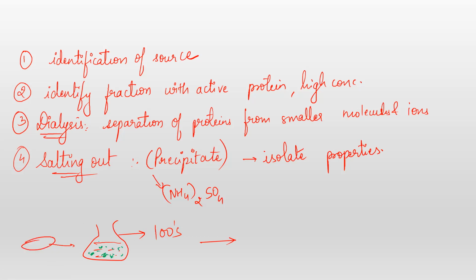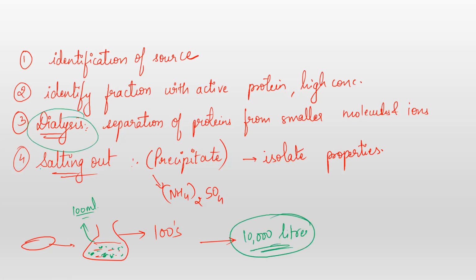Each flask has about 100 ml of medium, so the hundred will have this much. For this much, will I be able to use dialysis? Out of the question. Dialysis bags are used for smaller amounts. So what do I do now? I pool all of that and add ammonium sulfate salt to this. Because of the ammonium sulfate addition, the protein precipitates.